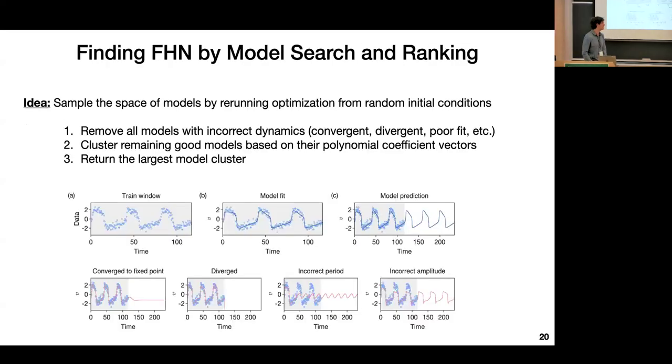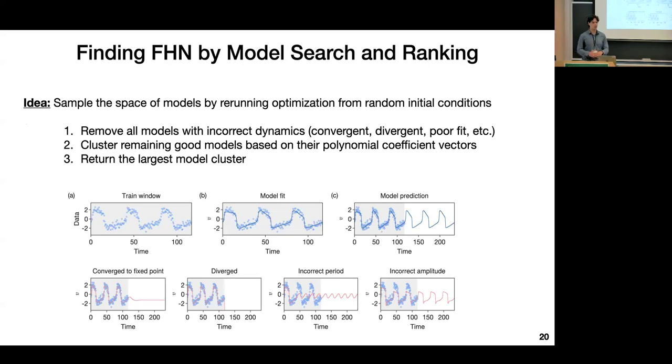Okay, so this kind of leads into the algorithm that we developed for actually fitting dynamical systems from partial observations. I'm going to show this again on the example of FitzHugh-Nagumo to begin. So the way that it works is, imagine that you're given, again, just the voltage of this FitzHugh-Nagumo neuron, but not its calcium concentration. Then what you can do is you can take some polynomial class of 2 variable models and generate a bunch of them with random coefficients and optimize all of them through gradient descent, like I showed before.